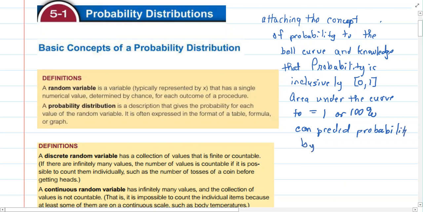We'll take some byroads before we get to this end result, and the one we're going to take first is discussing the random variable.